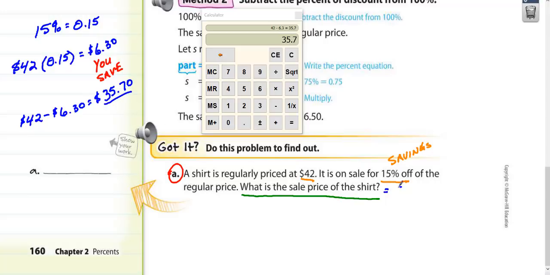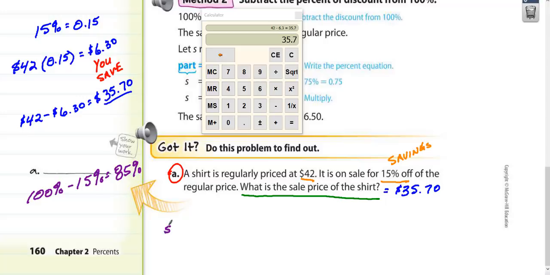That is your answer. Your answer is $35.70. I'm going to go ahead and just write that again so it's really clear. $35.70. Now the second way to do it is their method of take off the discount first. So take 100%, subtract 15%, and you get 85%.